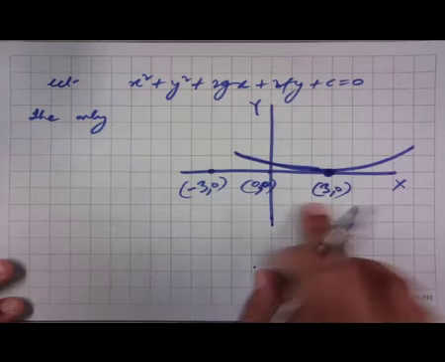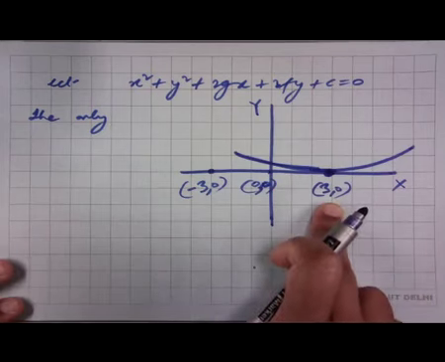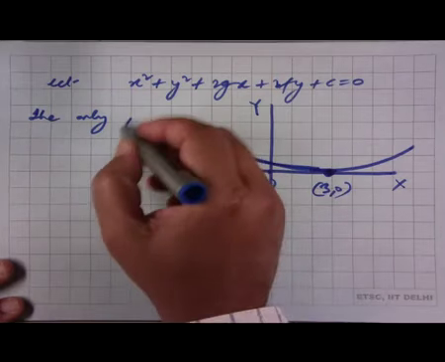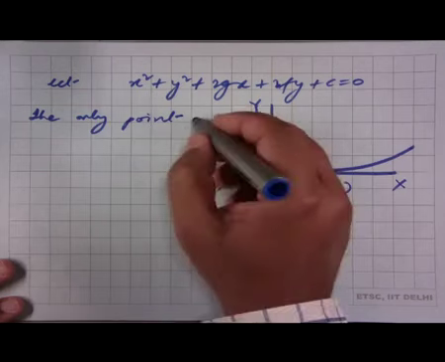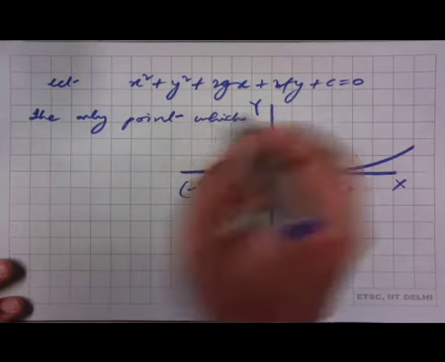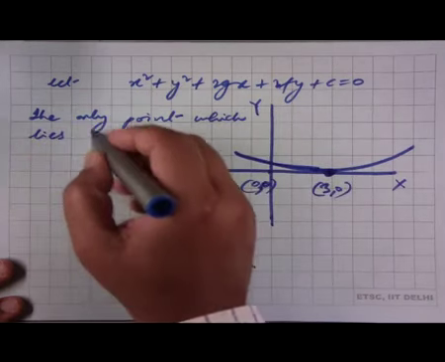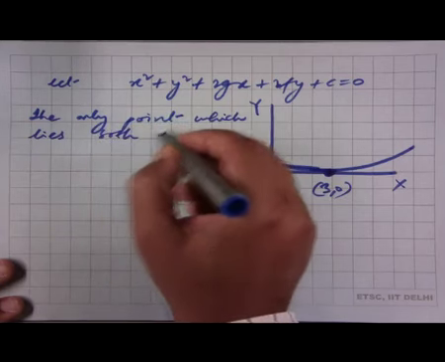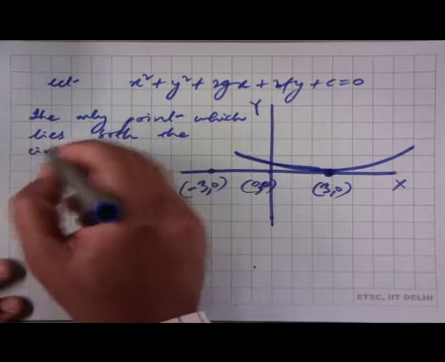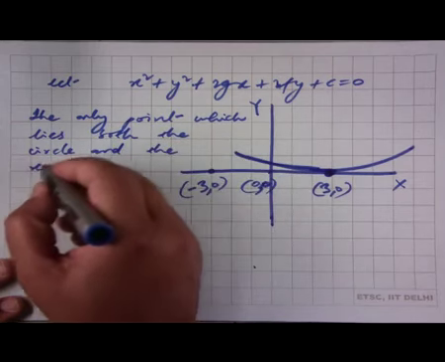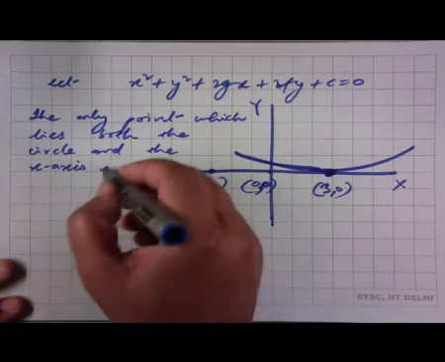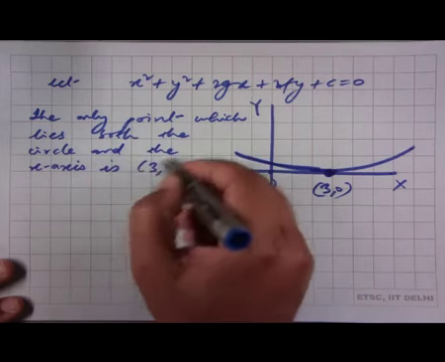So, if we take this case, then the only point which lies both on the circle and the x axis is 3 comma 0.